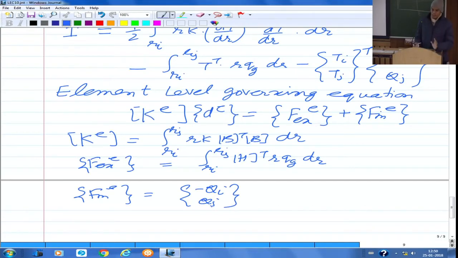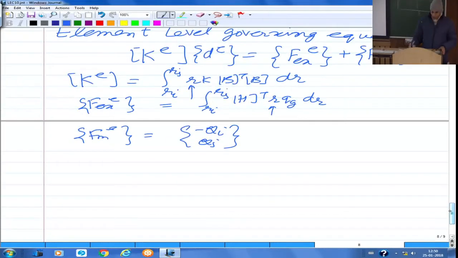So the structure is the same, the only thing that has changed is finally you have this R sitting. So similarly in this load vector also you have this R. So you need to do that integration, and then of course discretizing the whole problem into a number of elements and then imposing boundary conditions, and the solution remains exactly the same.